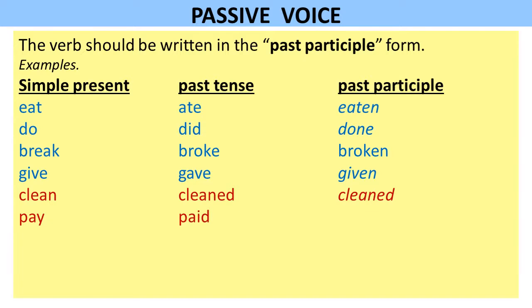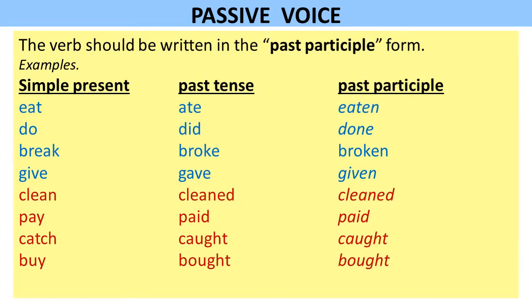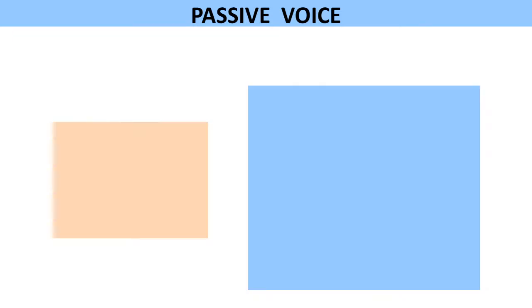And some other words like clean, pay, catch, and buy. These are only some examples. They have the same words for past tense and past participle. And some words like cut, put, all the words are the same.